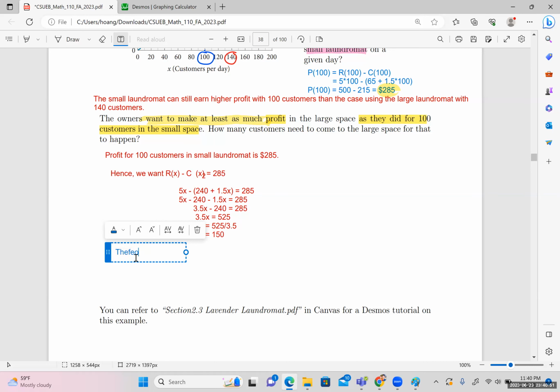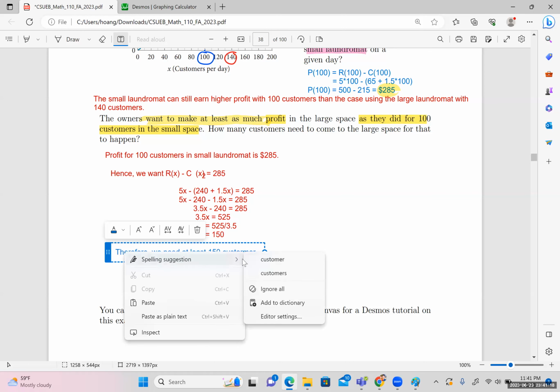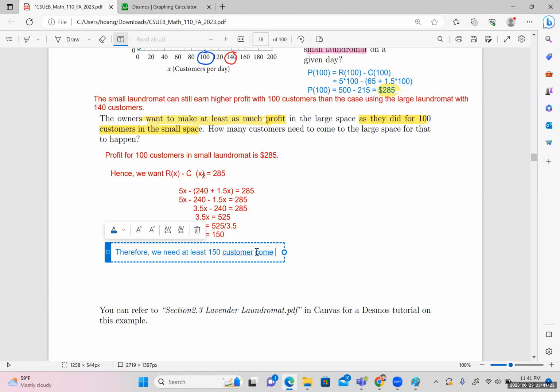Therefore, we need at least 150 customers to come to the larger space to get the same profit as the small space with 100 customers.